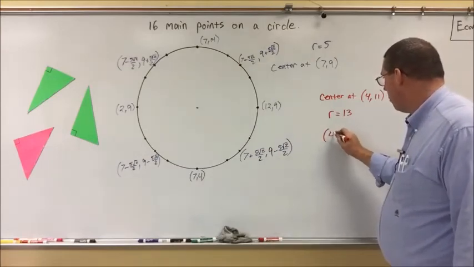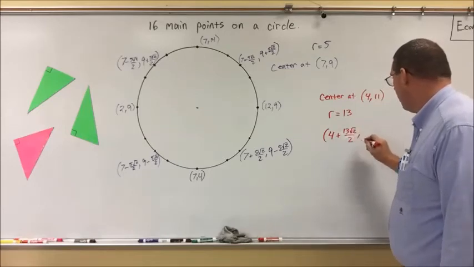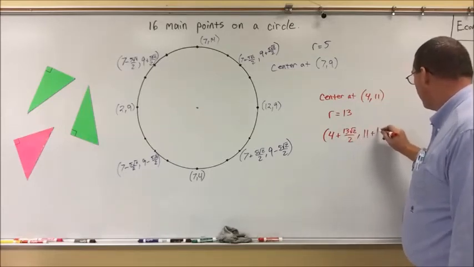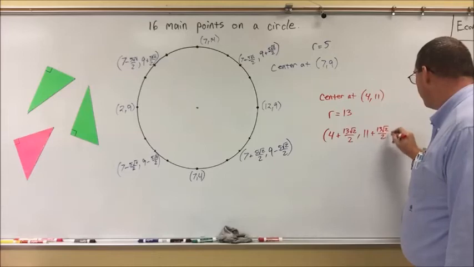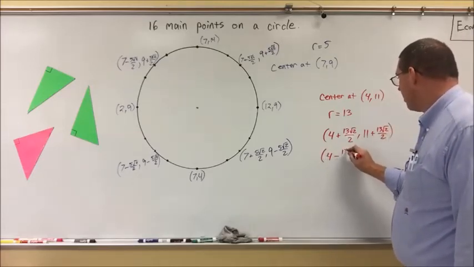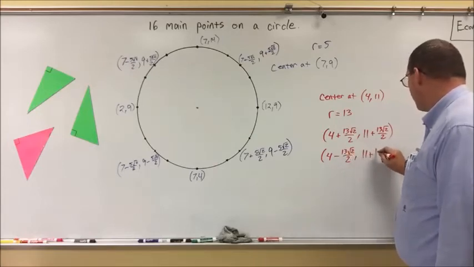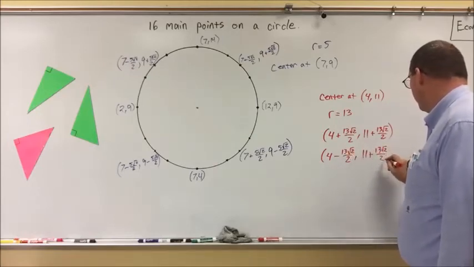The first one would be 4 plus 13 square root of 2 over 2, and 11 plus 13 square root of 2 over 2. The second coordinate would be 4 minus 13 square root of 2 over 2, and 11 plus 13 square root of 2 over 2.